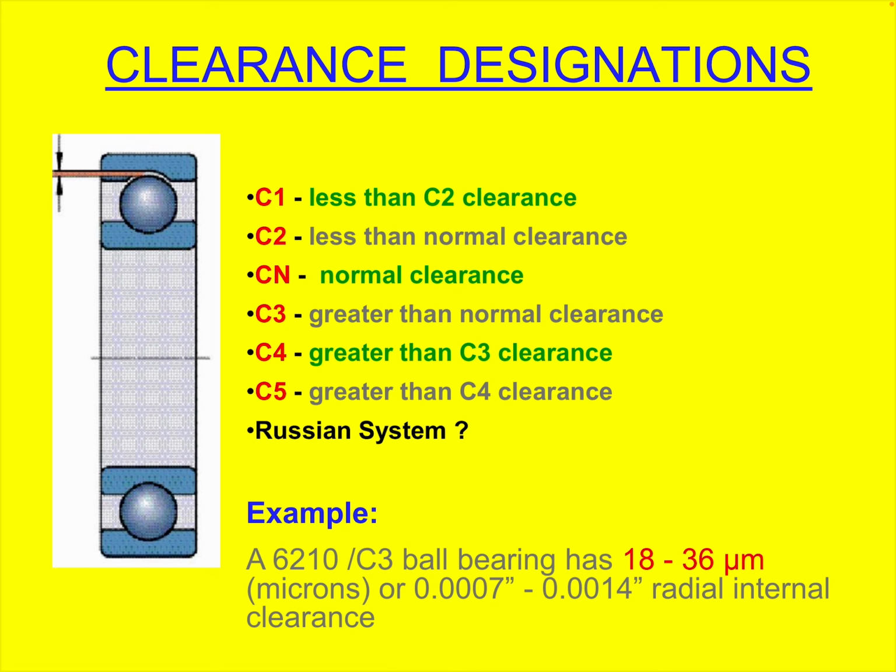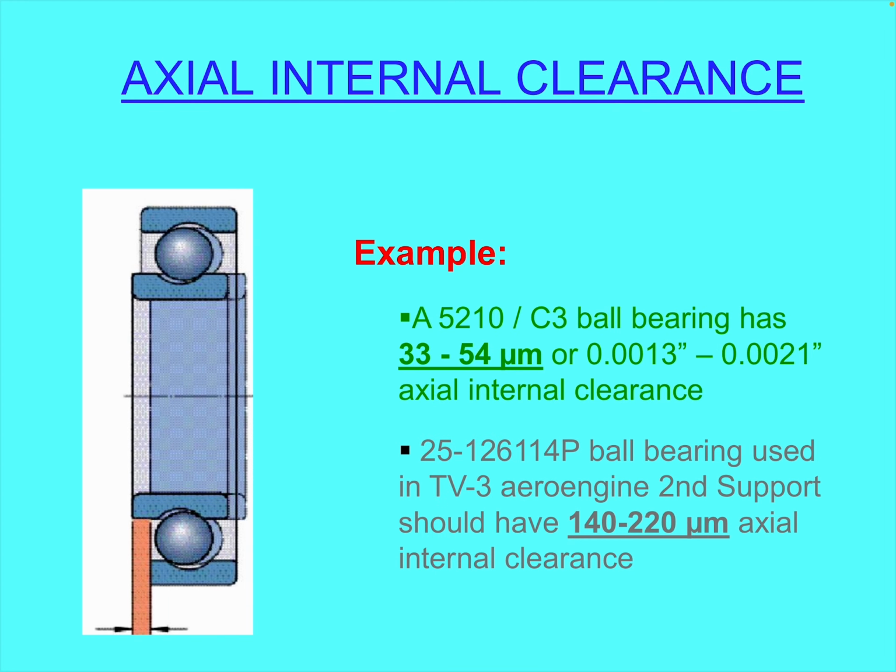Russian system, this explains the A6210 C3 ball bearing: 18 to 36 microns, 0.007 to 0.001 radial internal clearance.